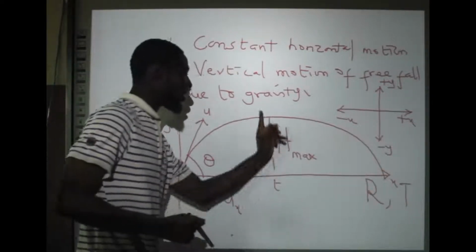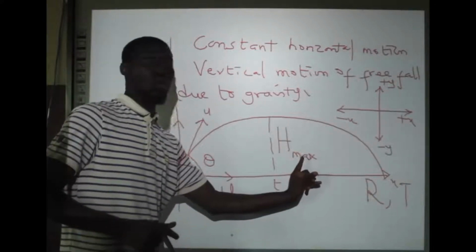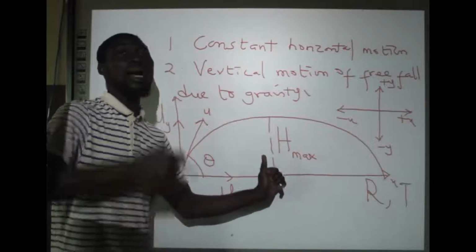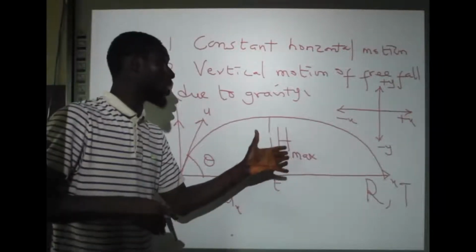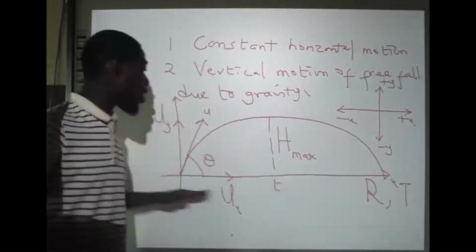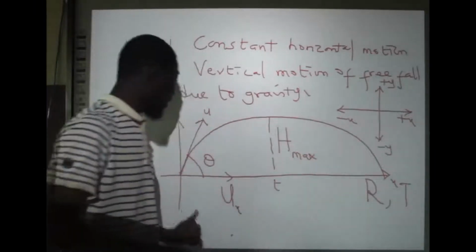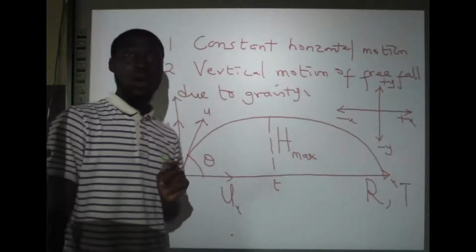Our small letter t is the time taken to reach the maximum height. Our h max, or h, is the maximum height attained by the projectile, or the maximum height reached. You also have the range, which is the horizontal distance covered by the projectile, and the capital letter T, which is the time of flight.